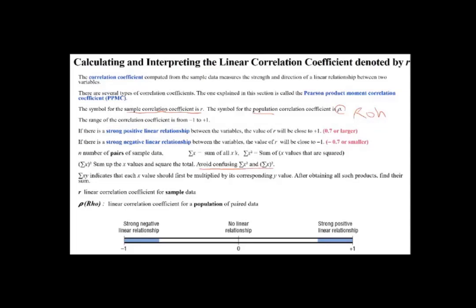We've been through that when we did the standard deviation, so we should be fine. Summation of xy indicates that each x value should first be multiplied by its corresponding y value, and then add them up, basically. r is the linear correlation coefficient for sample data. Rho is the linear correlation coefficient for a population of paired data.